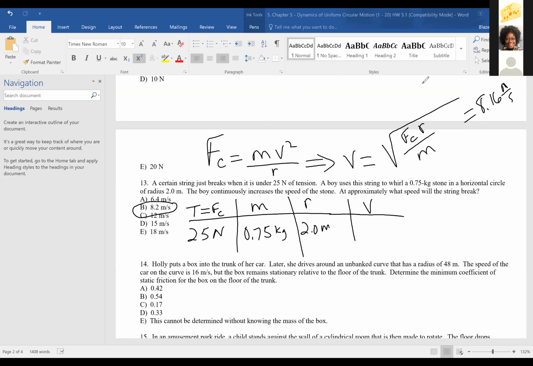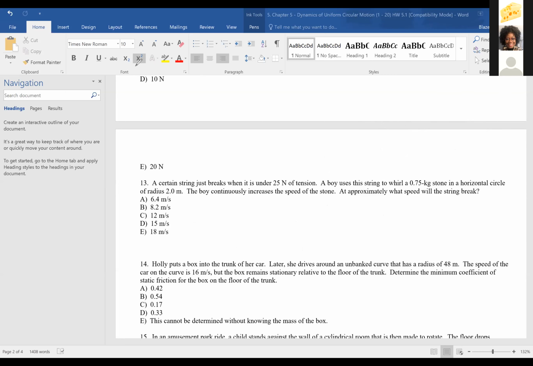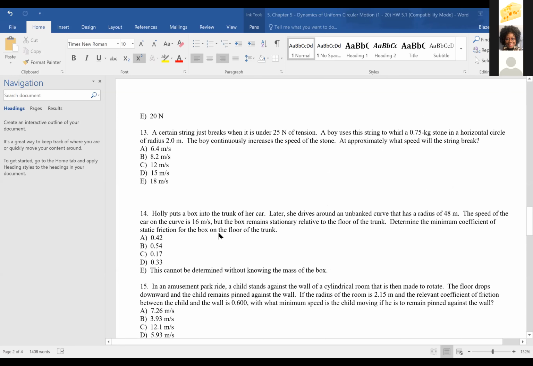All right, so I'm just making sure in this exercise that you all understand these very basic equations. So once you understand that, then I'm ready to move on to the next section. So we've solved quite a few of those.